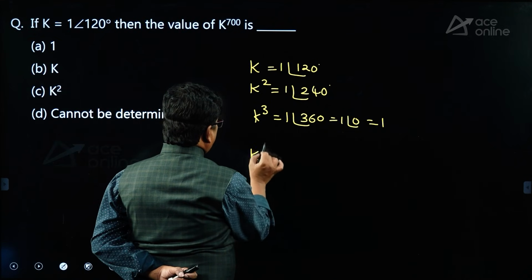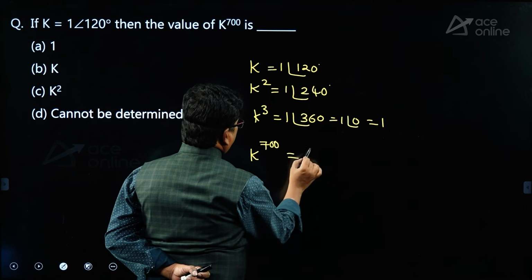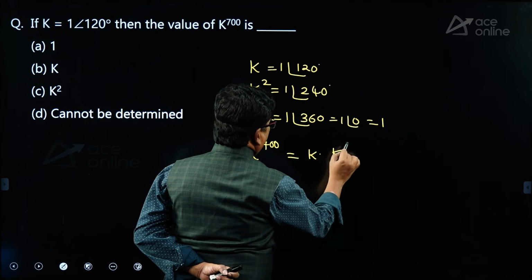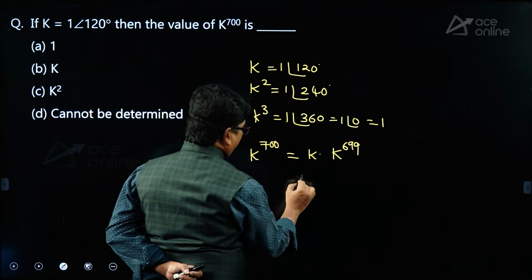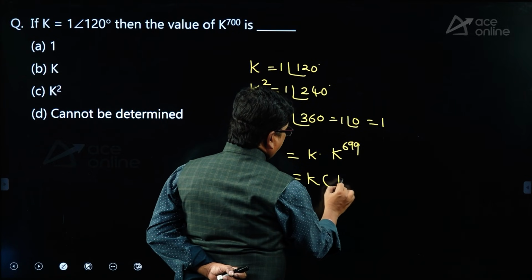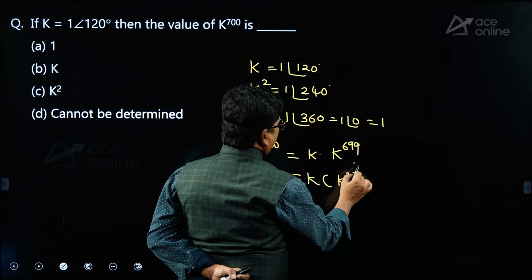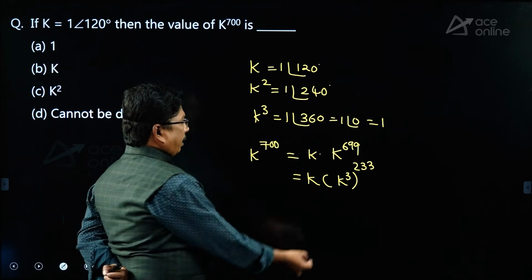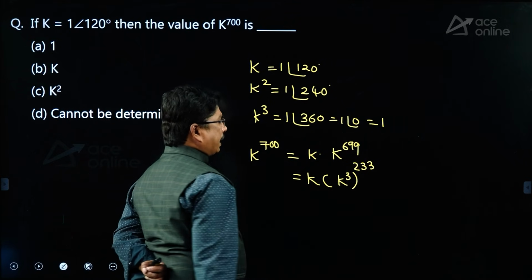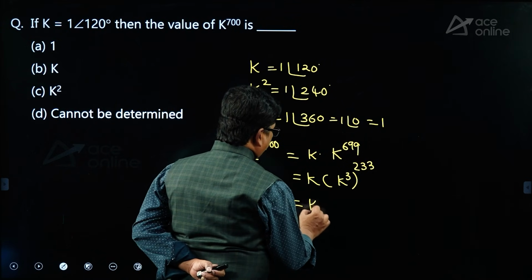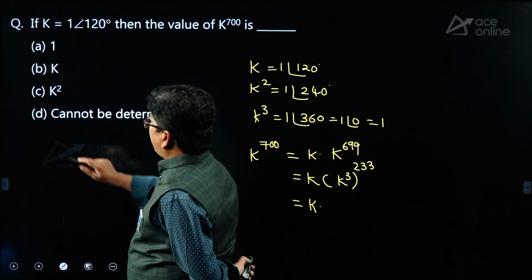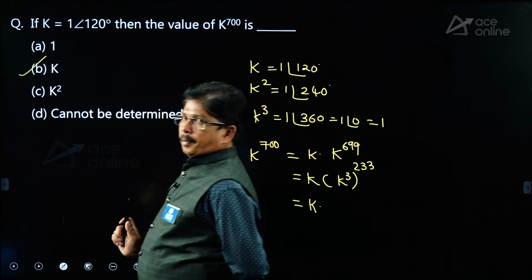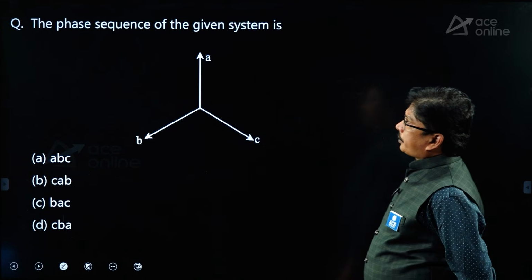Therefore, K power 700 we can write as K into K power 699. It is K into K cube whole power 233. K cube is 1, 1 power 233 is 1. What is the answer now? It is K. The value of K power 700 is K.